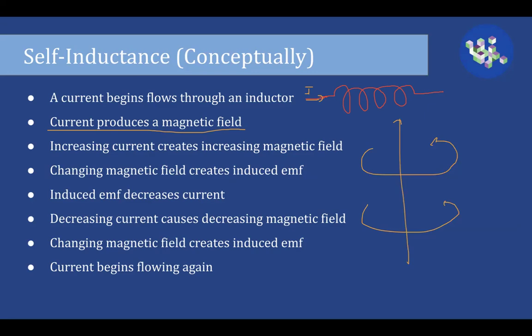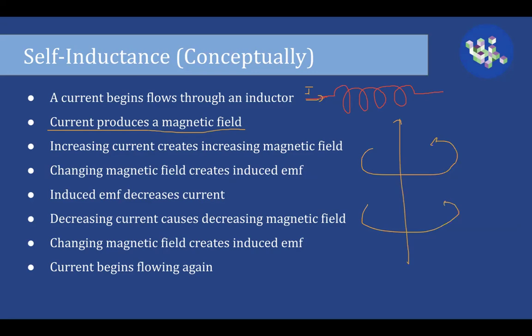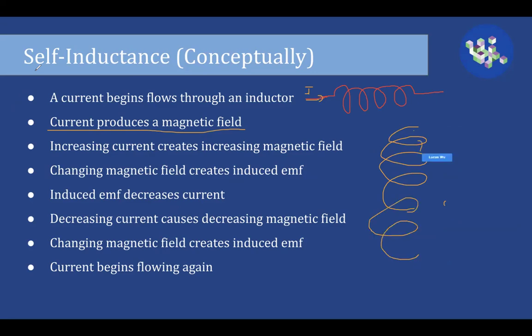We also learned about solenoids. When we had a solenoid, just like we have here for the inductor, with current running through it in this direction, I curl my fingers in the direction of the current, and my thumb points in the direction of the magnetic field.